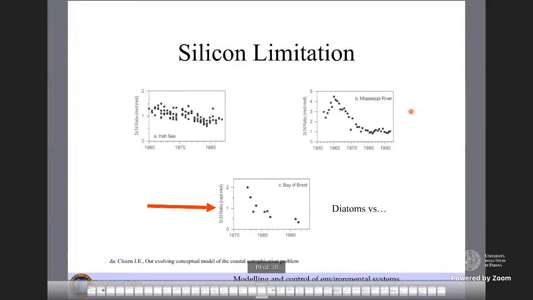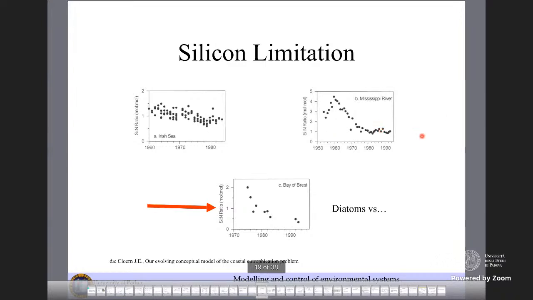Let's take a look at the Mississippi River. Going from the 60s up to the 90s, we have a completely different behavior, in the sense that the ratio silicates over nitrogen tends to decrease and to become constant.